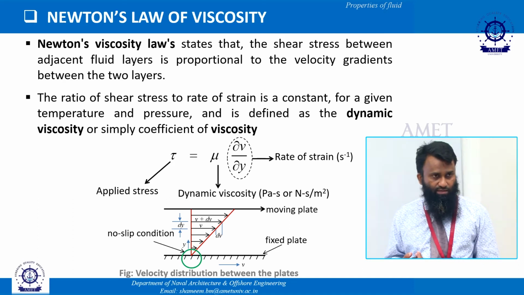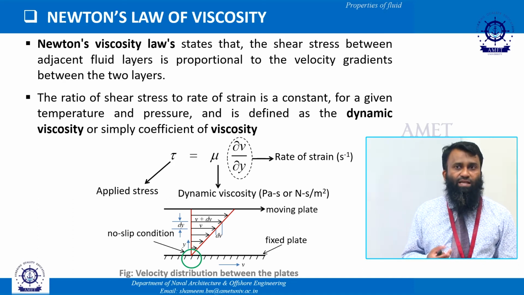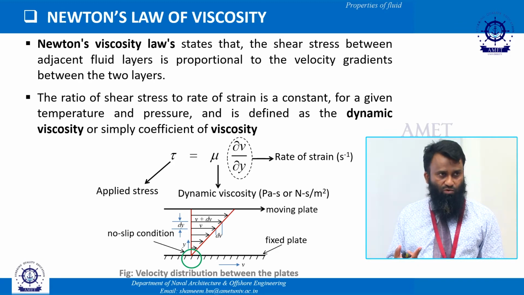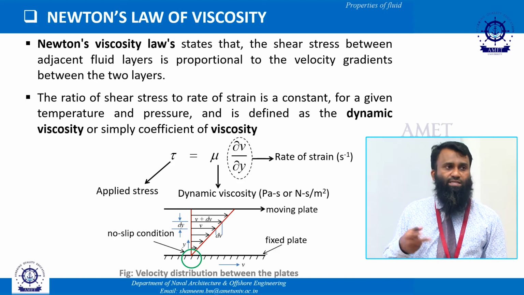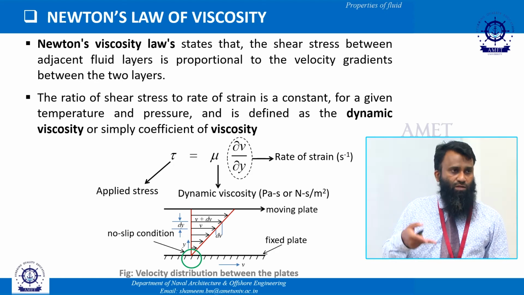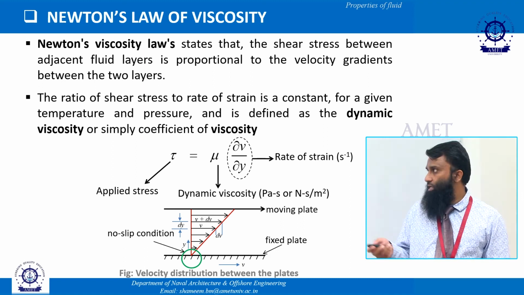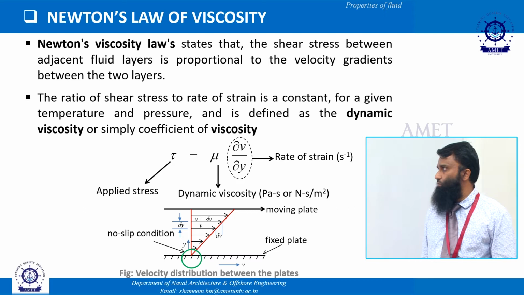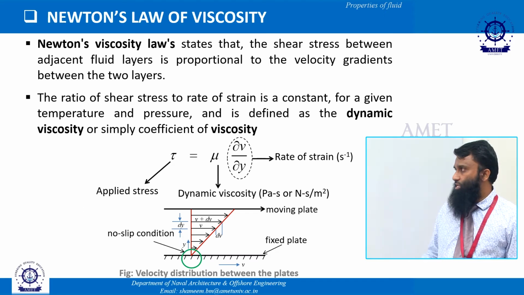What do you mean by gradient? Gradient means any change. So velocity gradient, correct, due to this viscosity property, there may be a change in velocity from one layer to another layer, because one layer is giving friction to the adjacent layer, correct.